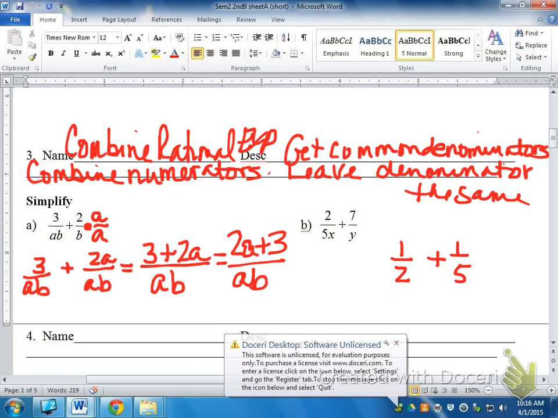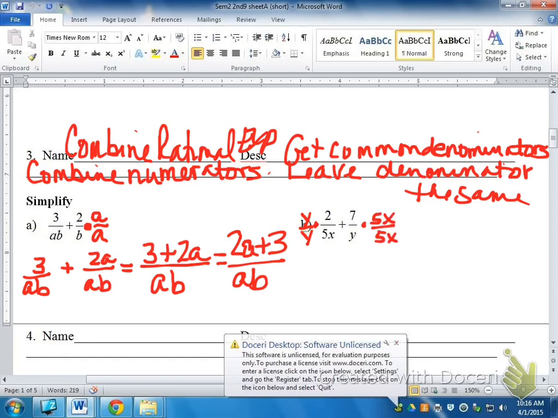What would you have to do? You just have to multiply them together, right? So that's exactly what happens with this. If they don't have anything that overlaps, then that just means that my fraction on the left, I'm going to multiply top and bottom by y, and my fraction on the right, I'm going to multiply top and bottom by, what do you think? 5x.